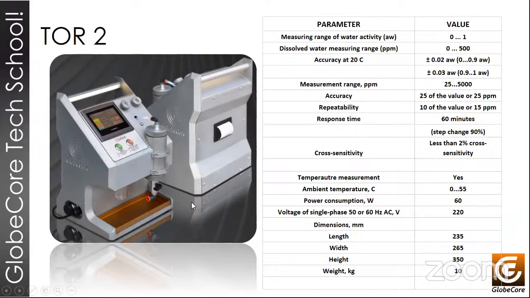It has very low cross sensitivity, with less than 2% interference from other gases. The power consumption is just 60 watts, and the dimensions are quite suitable for operation in the field. The whole thing weighs under 10 kilograms, so it's also portable and can be used outside.